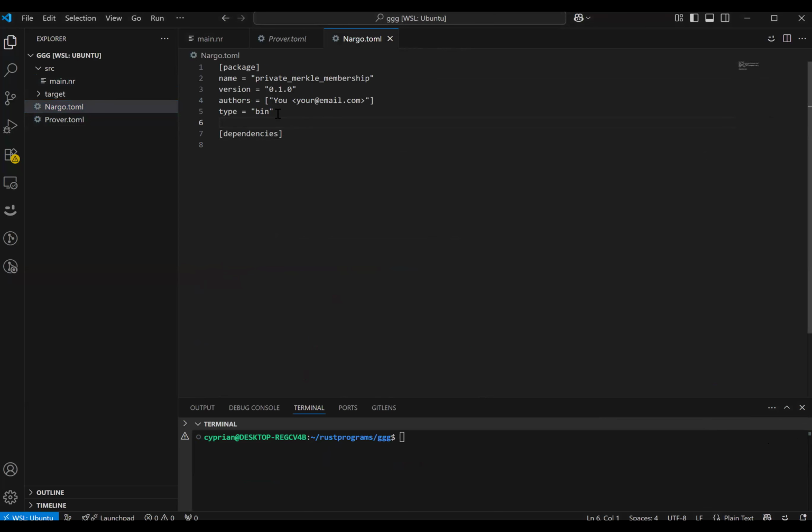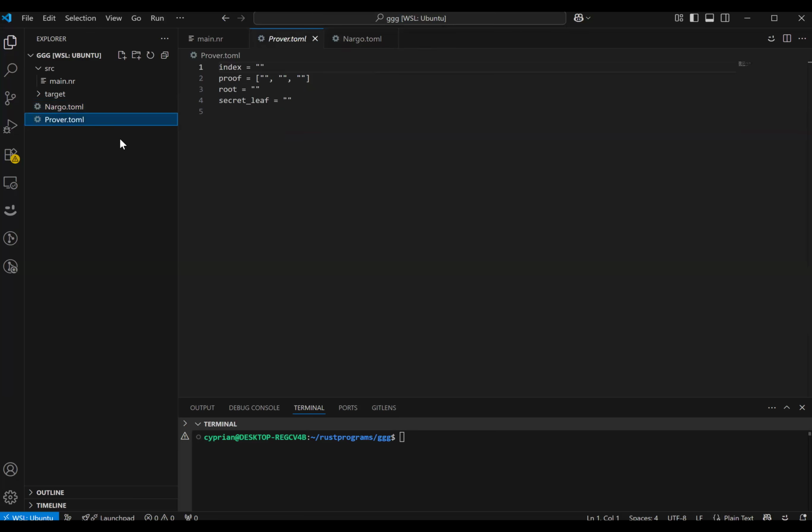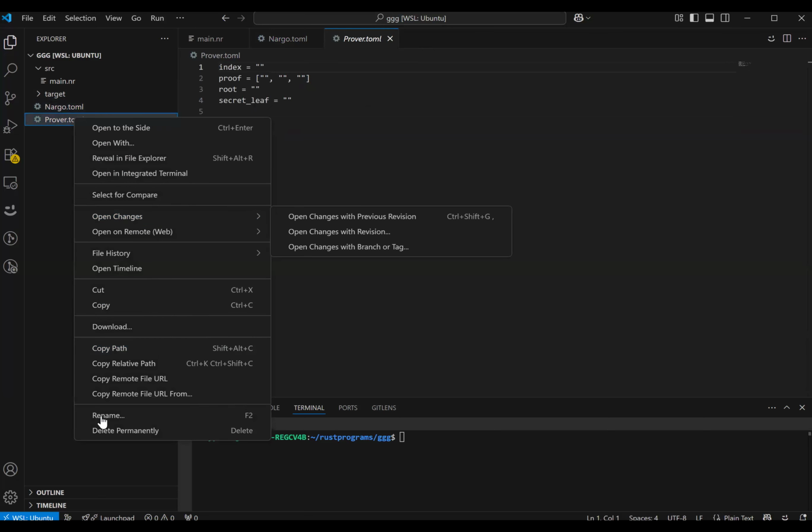This is just the normal thing that we've been writing in Nargo.toml from when we began looking at Noir proofs and Noir circuits. You don't want to struggle with this one. I did not struggle with it. In fact, you can even delete it and it generates automatically.